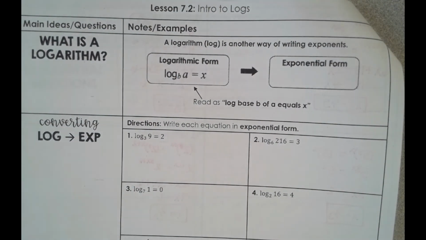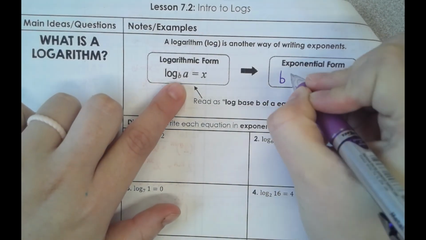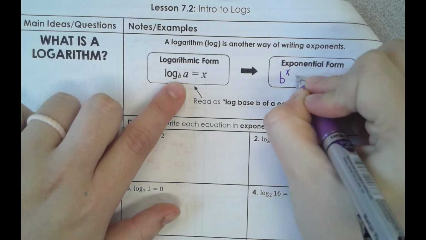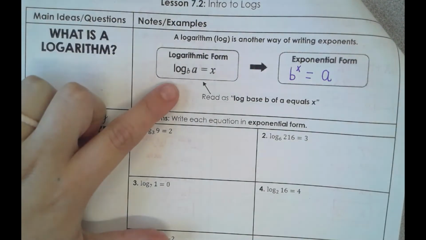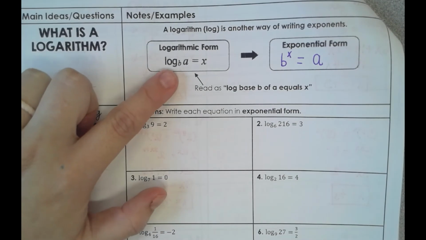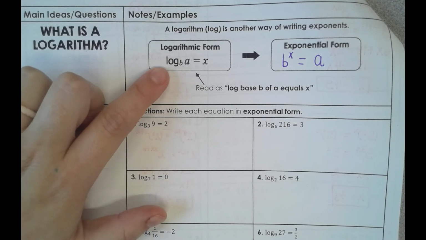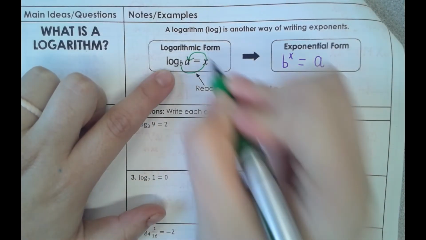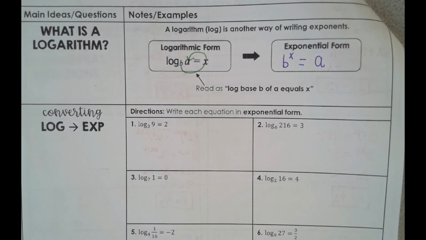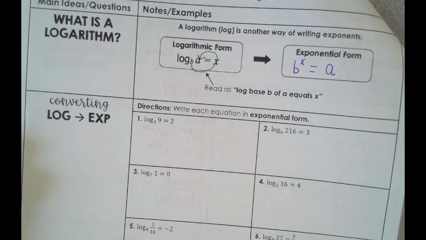So we write them, this would be b to the x power equals a. So we start at b and then x and then we go over to a. So it kind of makes a backwards loop. B to the x power equals a.